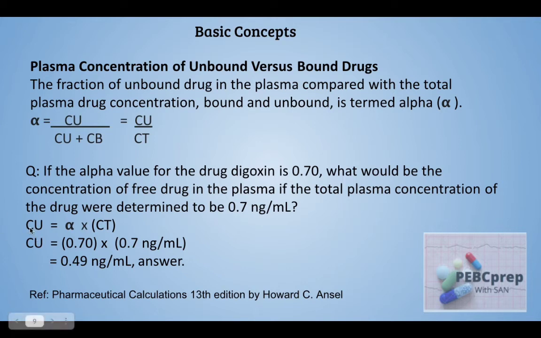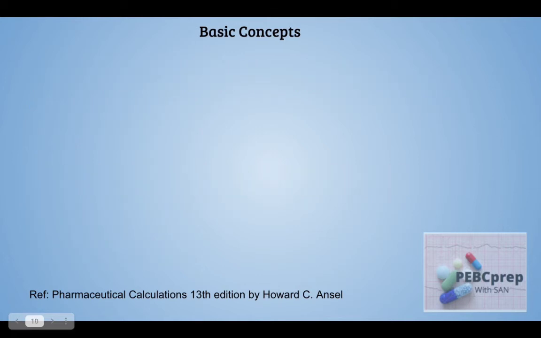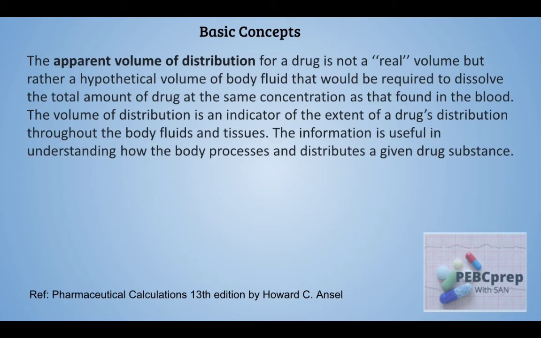So the concentration which is unbound will be alpha multiplied by concentration total according to this formula. We put all the values and then we got 0.49 nanogram per milliliter. Simple example.